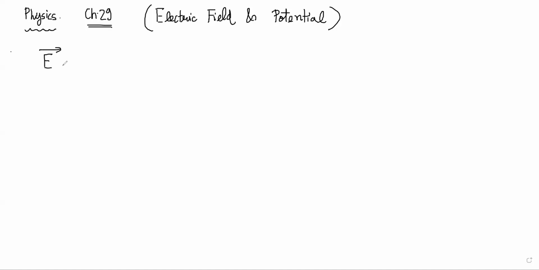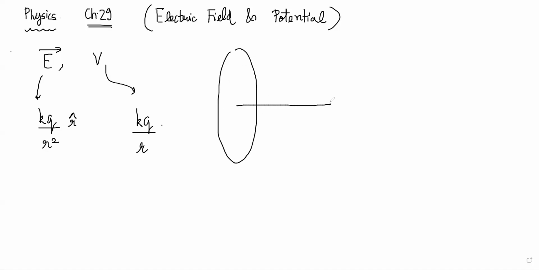Basically, E calculations and V calculations. The general rule is E is KQ by R square in the R unit vector direction, and V is scalar KQ by R, due to a source charge. Now, obviously, we can take many different situations: a ring on an axis, where the charge is q, the radius of the ring is capital R, and the distance is x.